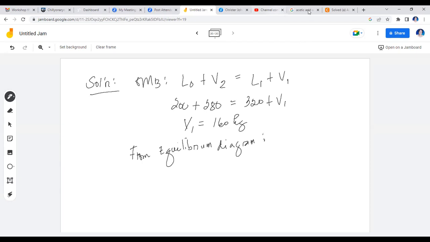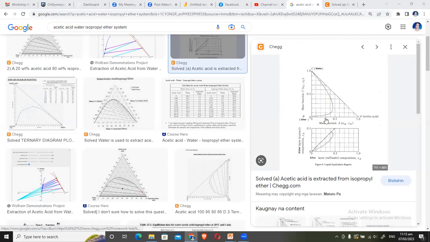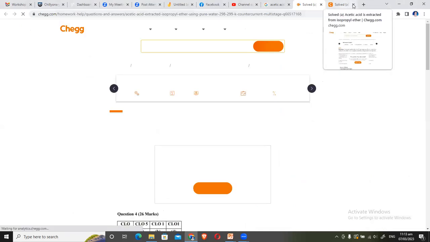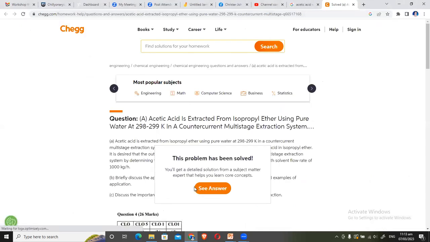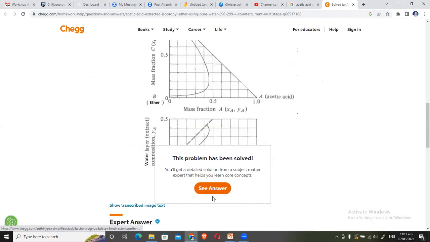Let me share this acetic acid triangular diagram. Share ko ulit. Okay, then I will click on this. Problem has been solved. So I just want this diagram.